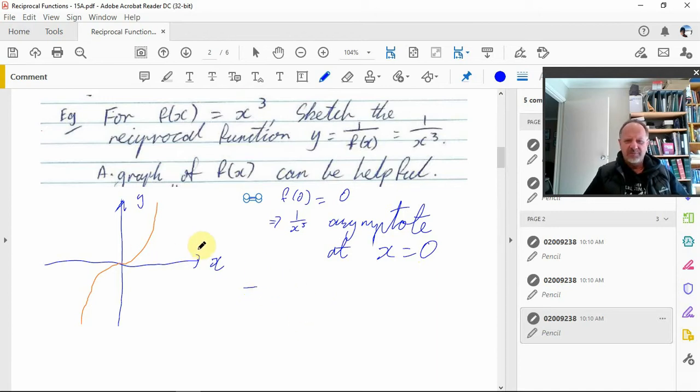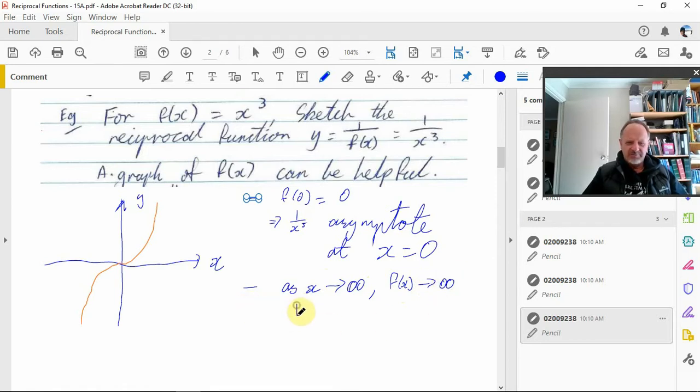So if we look up this end here, x gets bigger. So as x goes towards infinity, what happens with f(x)? Well, f(x) also gets bigger.